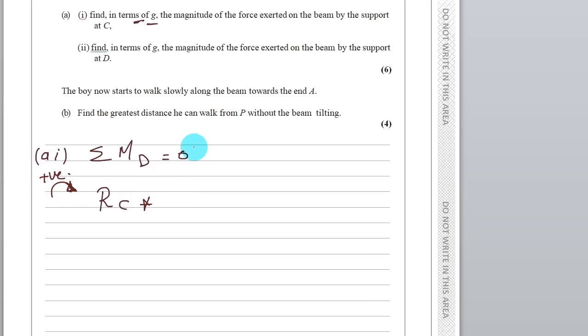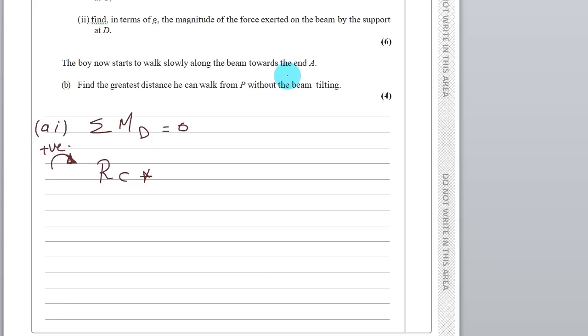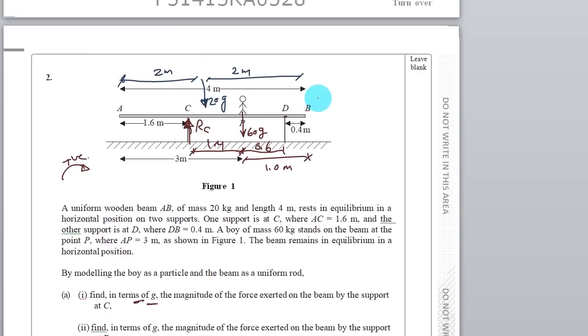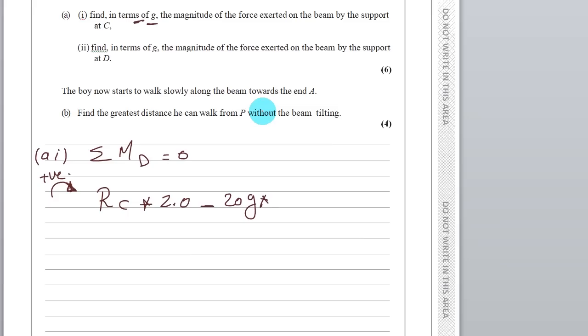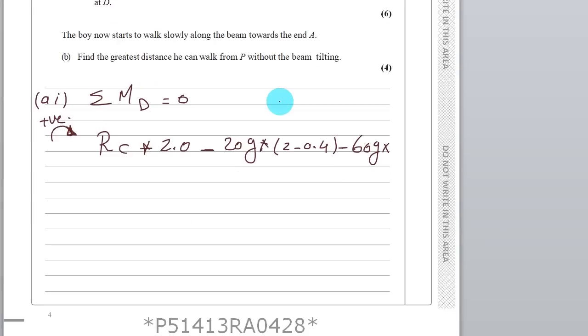RC multiplied by the distance here, 1.4 plus 1.6, which is equal to 2, minus 20g multiplied by 2 minus 0.4. Because from here to here is 2 minus 0.4, which is 1.6. Minus 60g multiplied by the distance we now calculate, which is 0.6.